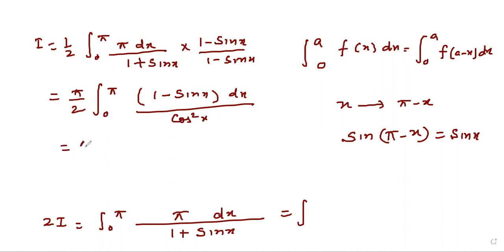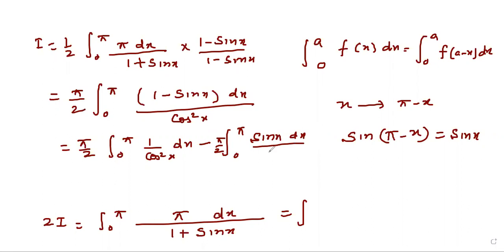So we divide it separately: pi by 2, 0 to pi, 1 upon cos square x dx, minus pi by 2, 0 to pi, sin x dx divided by cos square x.